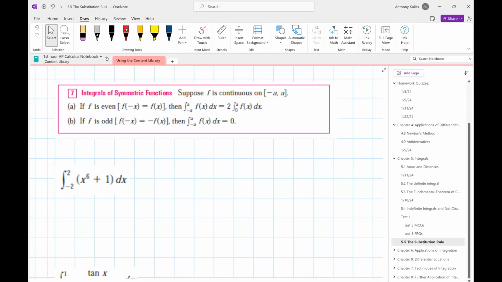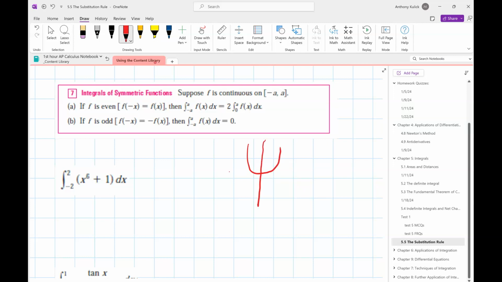And this is a minor idea, but it's a helpful shortcut. So this says if f is an even function, and I'm integrating from negative a to positive a, that's going to be the same thing as 2 times the integral from 0 to a.